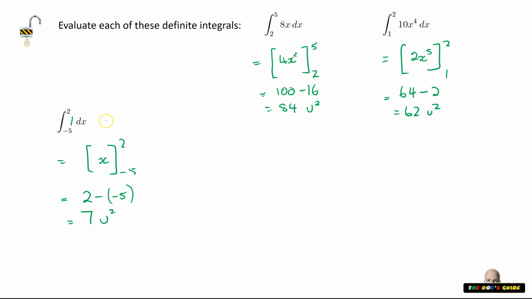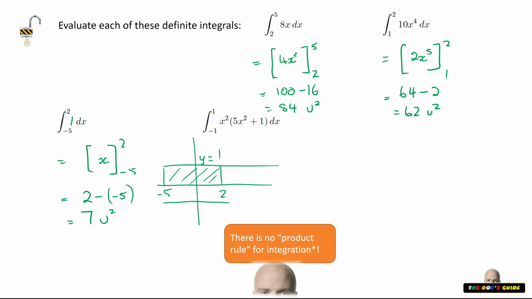For that one, if the function is y equals 1, that's the horizontal line passing through 1, and we're looking at it from minus 5 up to 2, which is clearly a distance of 7 times 1. So this area is what the definite integral represents, and geometrically that's 7 square units, as we found before.